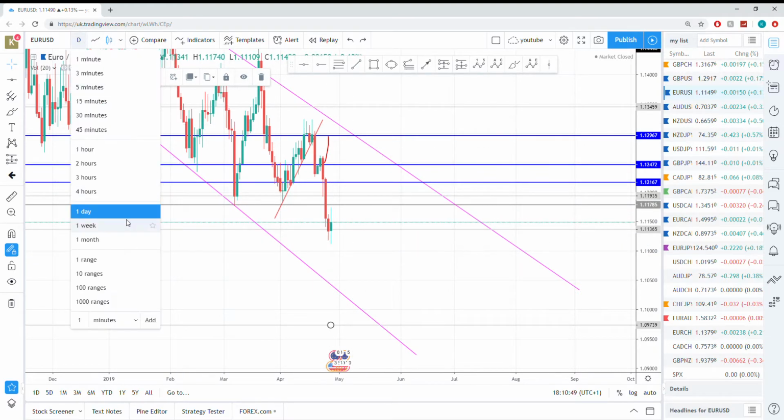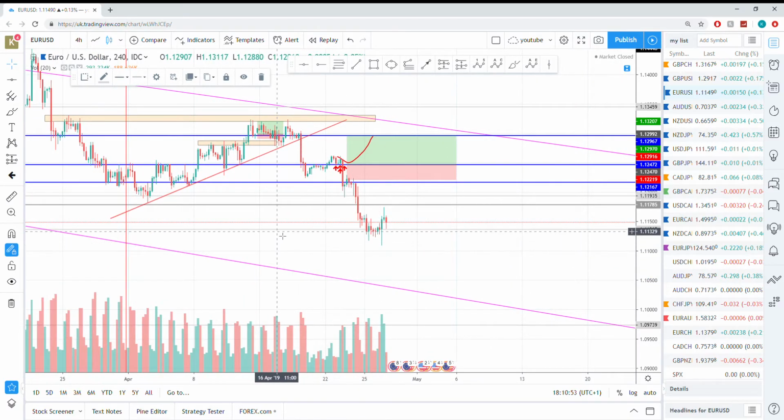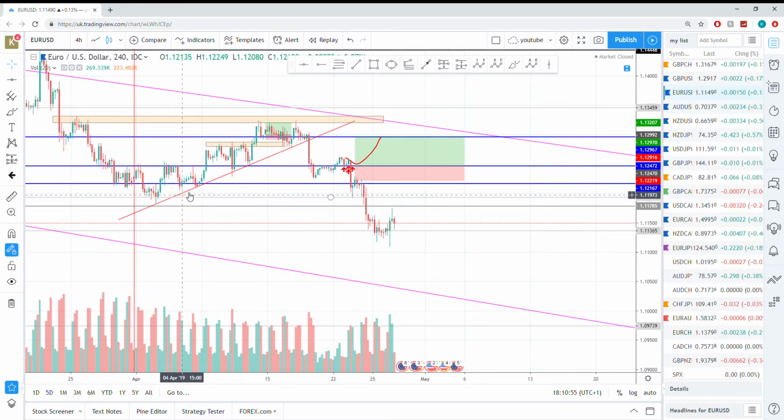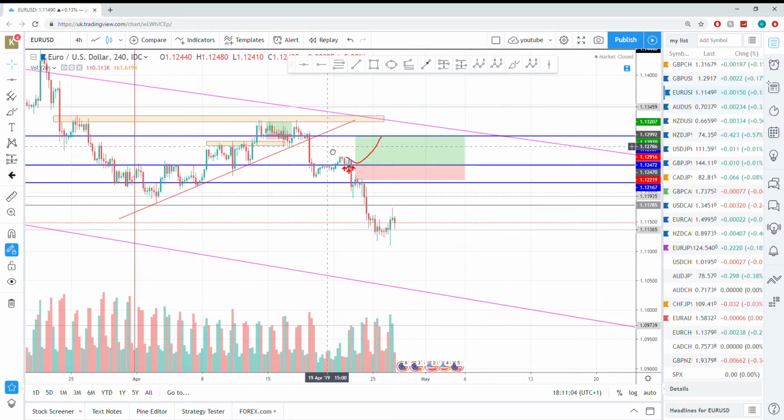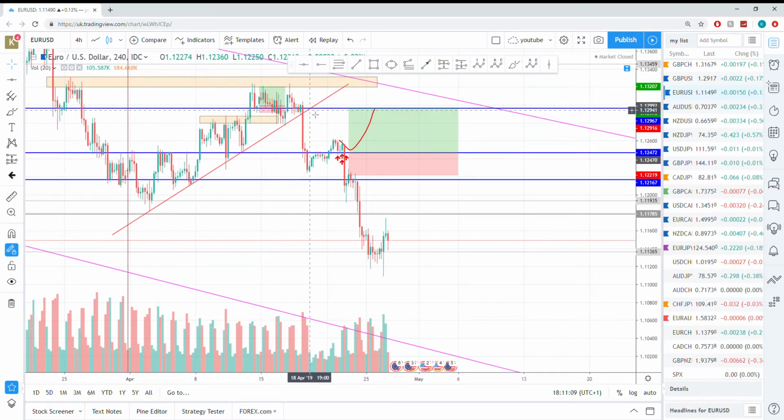If we take it down to a 4 hour, just to get a little overview of what we discussed last time: price was in an uptrend from the start of April all the way to the 17th. Then we started the break. We found the break in the trend line, and price subsided all the way down to the lower levels as we started hitting our next key zone time frames, and the levels here are respected very well.